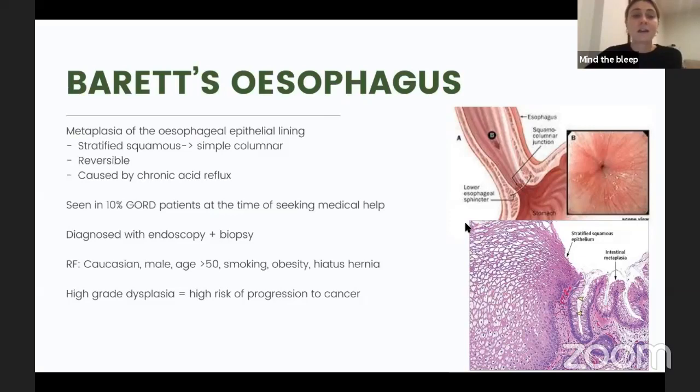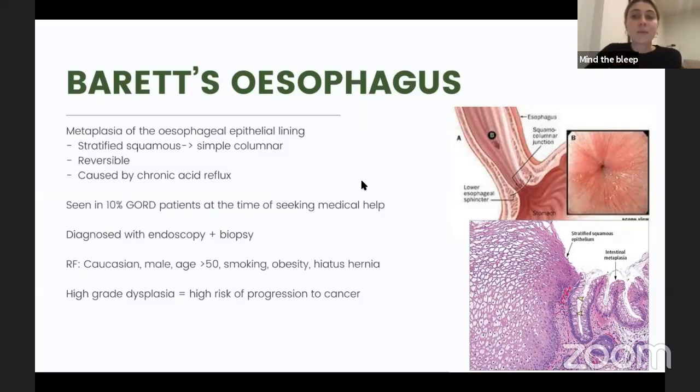Once the problem is removed, so if we can stop and control the acid reflux, it is a reversible condition. Barrett's esophagus can reverse back to normal mucosa. And as I said, it's caused by chronic acid reflux, which damages the lining and then triggers this transformation to a lining that's more resilient in the acidic environment.